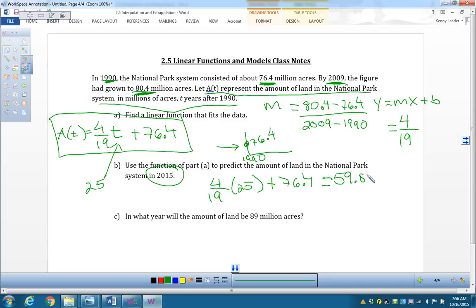But that doesn't answer the question. Oh no, I did that wrong. Never mind. Sorry. The answer was 81.7 million acres. So that's in million acres.